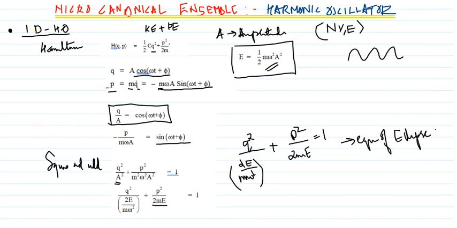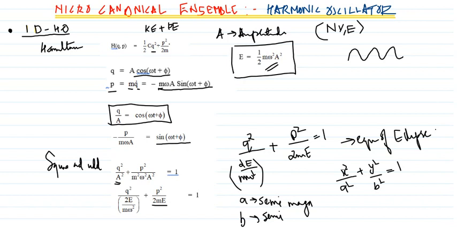The equation of an ellipse has the form x square by a square plus y square by b square equal to 1, right? Now a is the semi-major axis and b is the semi-minor axis.